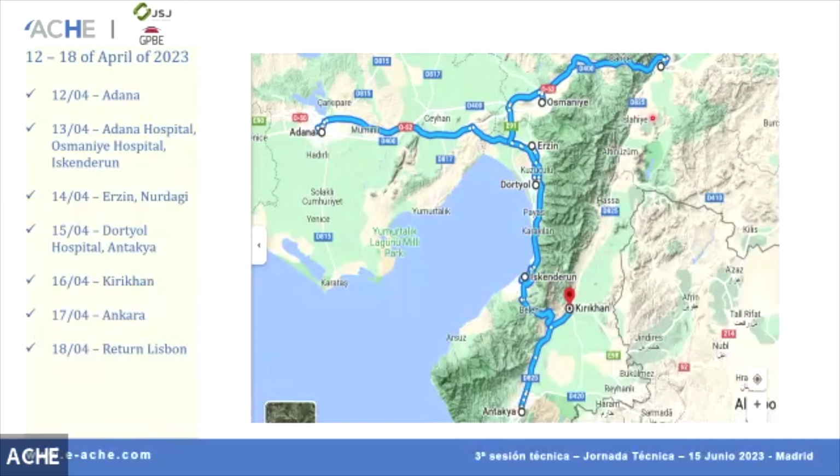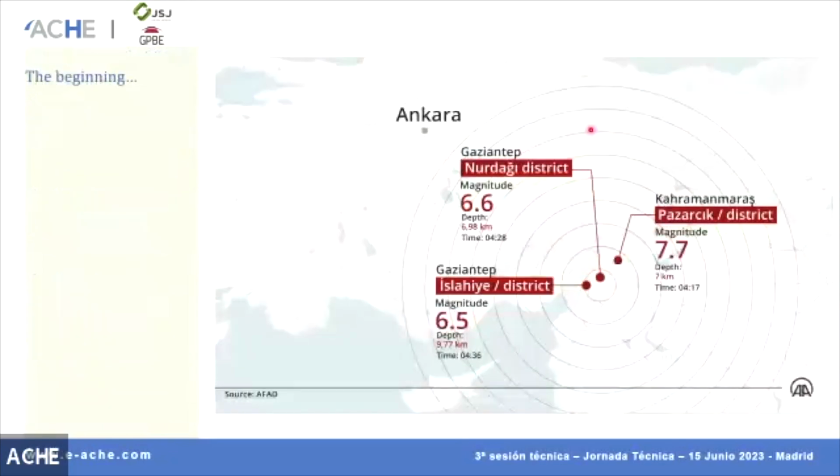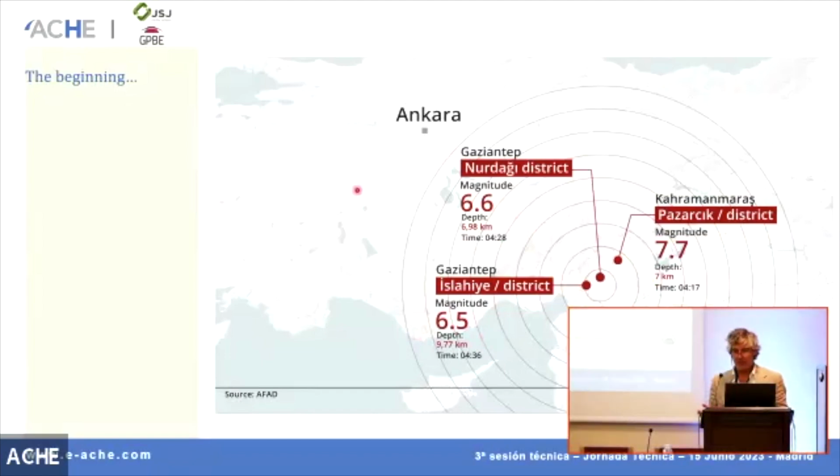The main affected area was here. And well, what happened there was, in the beginning, there was a major earthquake at 4:17 in the morning, the worst hour to have an earthquake because everybody is at home sleeping. And there was a major earthquake with the epicenter here, and a few minutes later, 2 more earthquakes occurred, of 6.6 and 7.5.